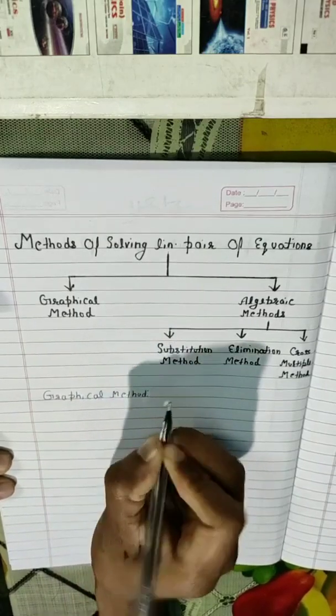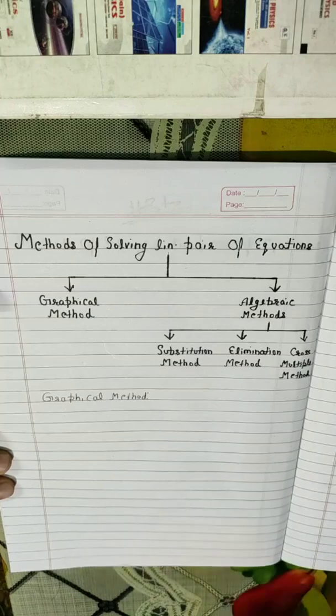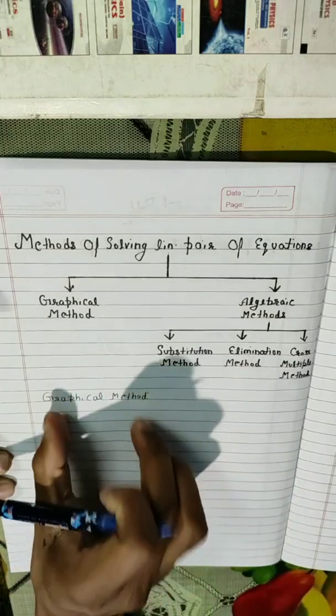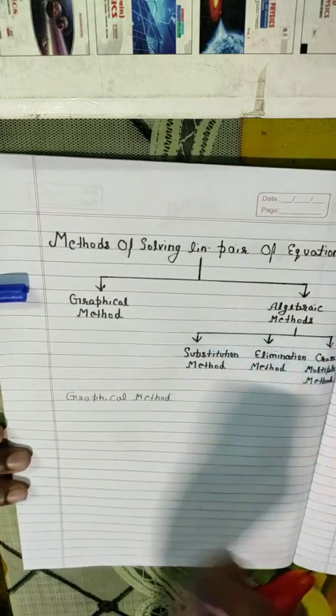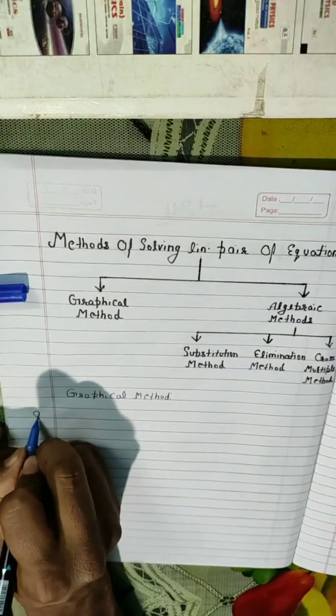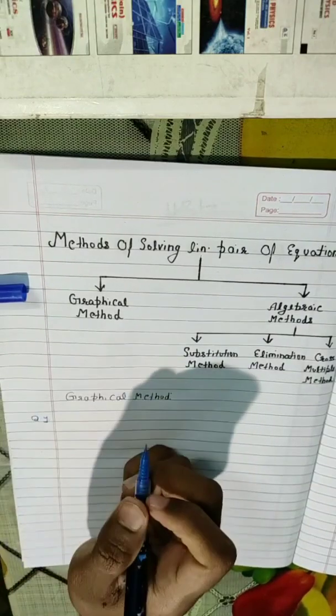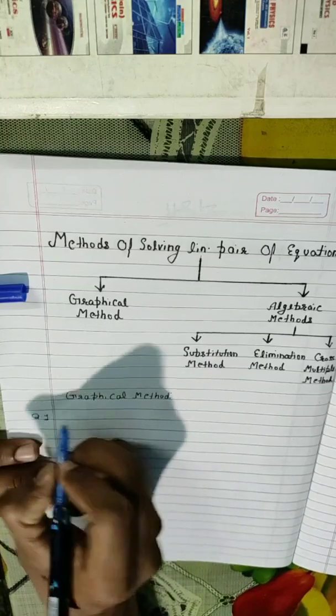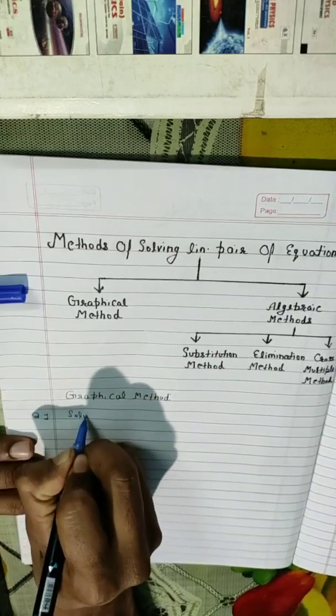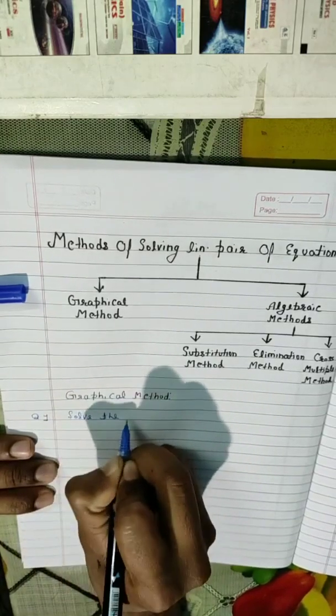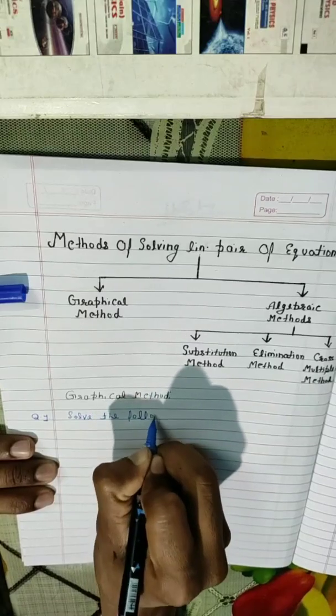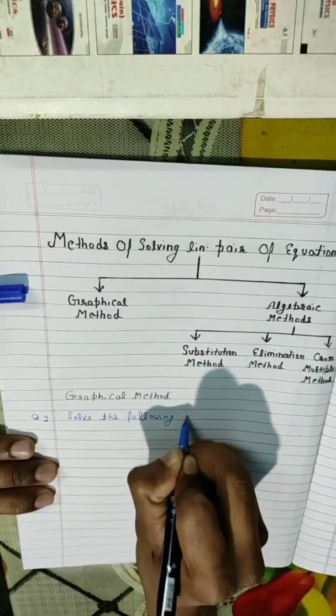As I told, we have to make the graph. We will solve the question in graphical method on a graph only. Let us take one question directly. Solve the following equations graphically.